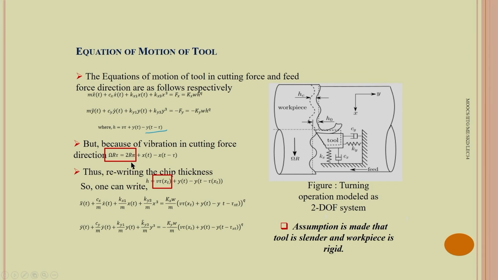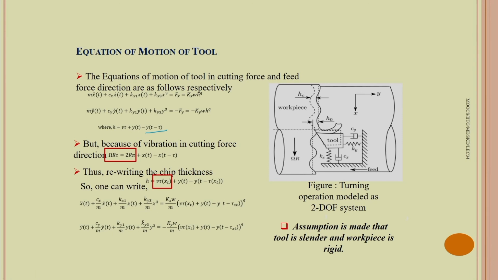So, substituting these two in this equation and writing h equal to V tau x(t) plus y(t) minus y(t minus tau) x(t), we can write this equation in this form, that is x double dot plus c x by m x dot plus k x1 by m x plus k x3 by m into x cube.